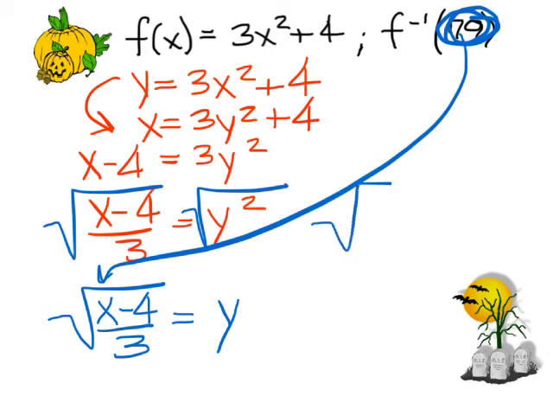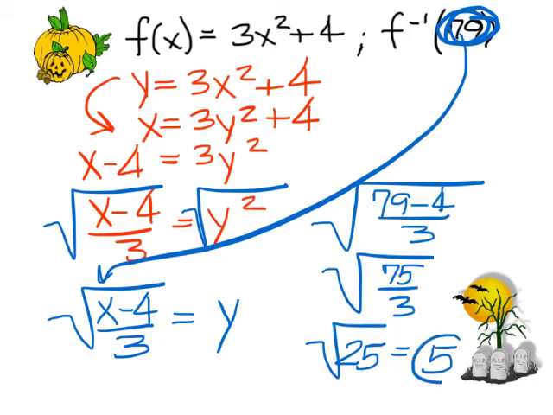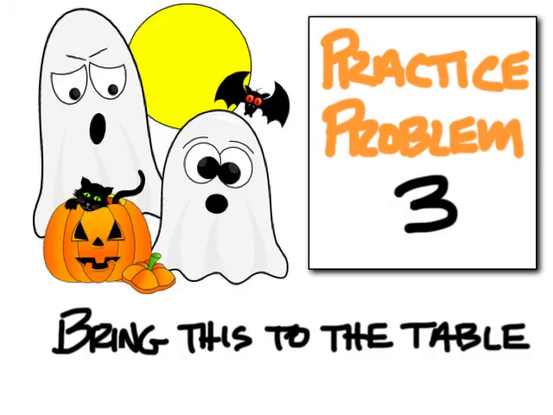So when we do that, it is the square root of 79 minus 4 over 3, which is the square root of 75 over 3. 75 over 3 is 25, and the square root of 25 is 5.